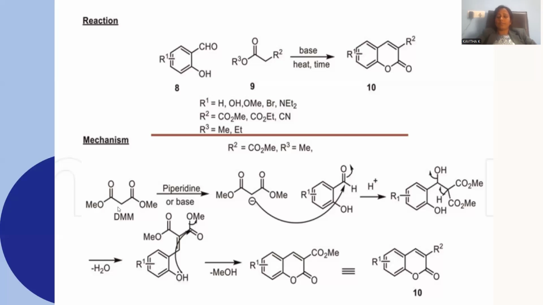This is the most flexible material to originate the carbanion, since the carbon is flanked by two electron withdrawing substituents at the adjacent positions, so piperidine is able to originate the carbanion intermediate from this kind of active methylene compound, and that is able to react with salicylaldehyde at the aldehydic functionality.